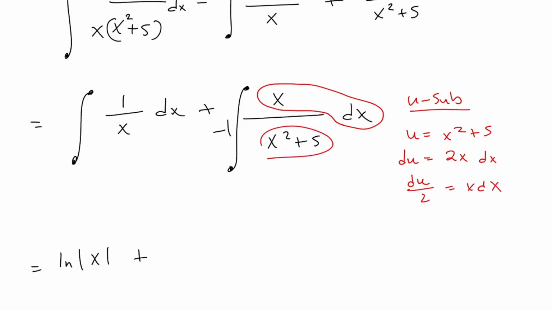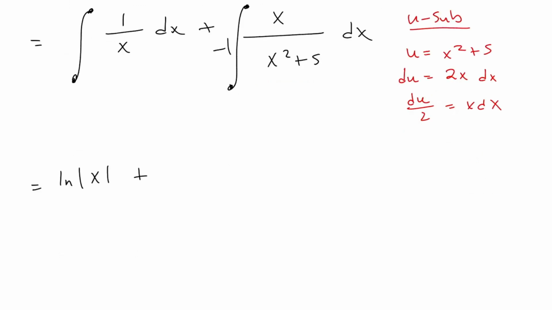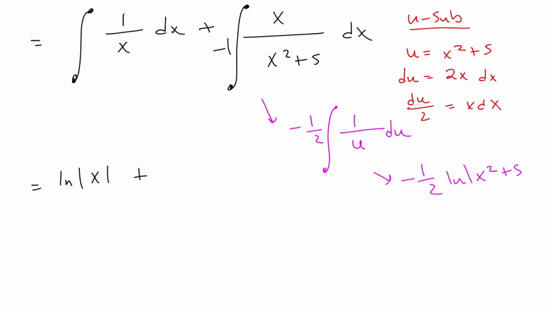And this becomes u. All right, since we have our du over 2 is equal to x dx, when we're doing our substitution, we have to move that 2 out. So it's going to be negative half when we move it out, and we're going to have an integral of x dx, which is going to be replaced by du, so it's going to be 1 over u du, and this is going to just become negative half times the natural log of x squared plus 5.